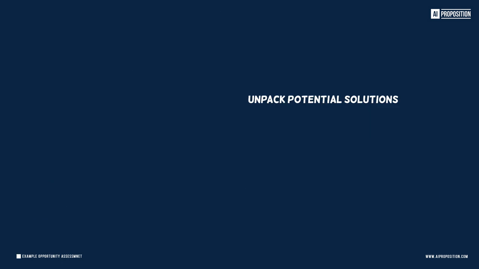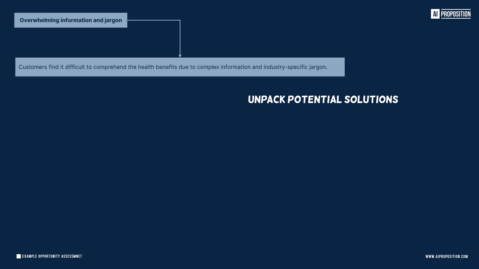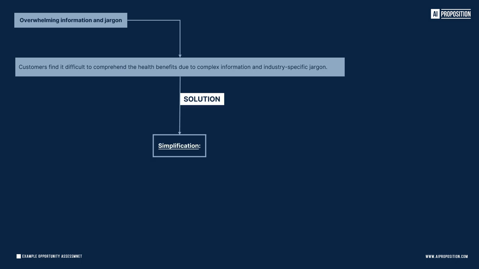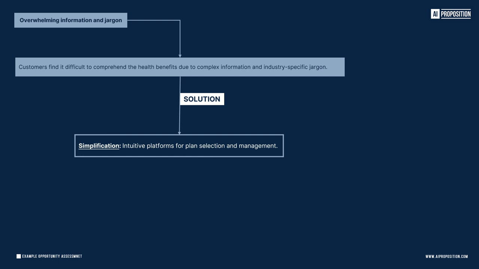So now, how do we impact solutions for this problem? Customers find it difficult to comprehend health benefits due to complex information, and a solution could be simplification. So how can we make this simpler for the end user to understand?